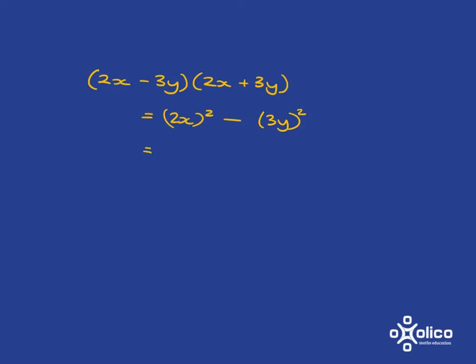This 2x squared: 2 times 2 is 4, x times x is x squared, 3 times 3 is 9, y times y is y squared. And we don't have any other term because the minus 3y 2x will disappear with the plus 3y 2x.